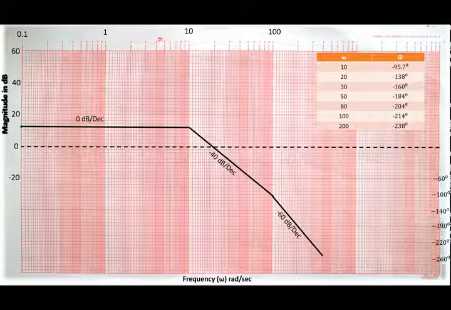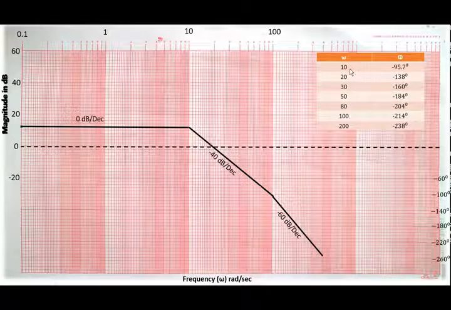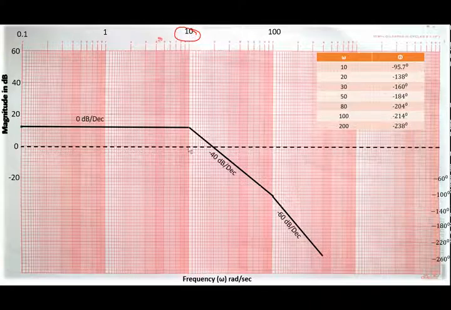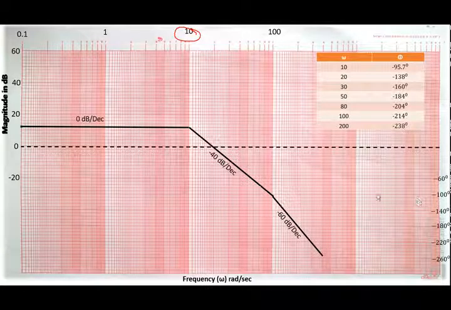Here they are starting from the value of 10. This line indicates 10 radian per second frequency. The corresponding angle will be 95.7. So somewhere here, this is 100, 95 will come somewhere here.